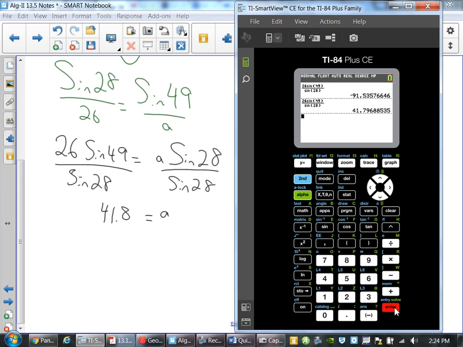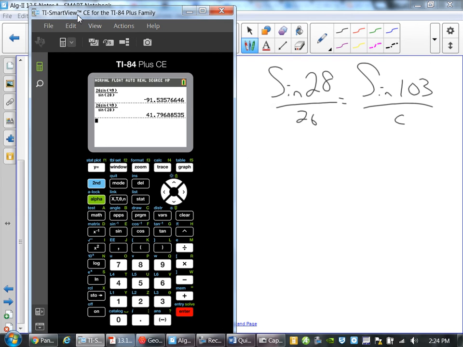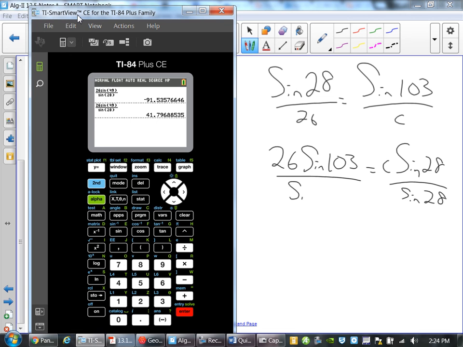Now I do the exact same thing to find little c. 26 sine 103 is c sine 28. Bring the 28 sine 28 back. 53.96.